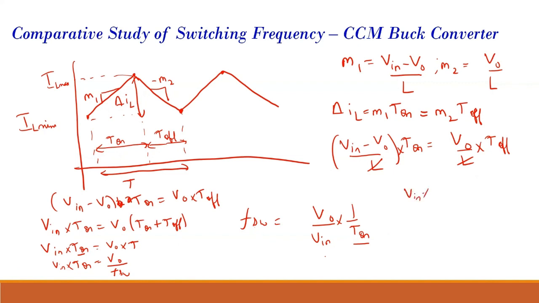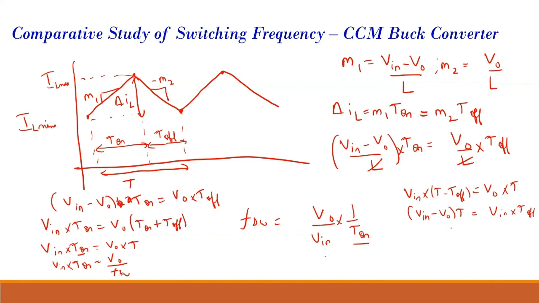So it will be Vin into (T minus T off) is equal to Vout into T. So I get (Vin minus Vout) into T is equal to Vin into T off.